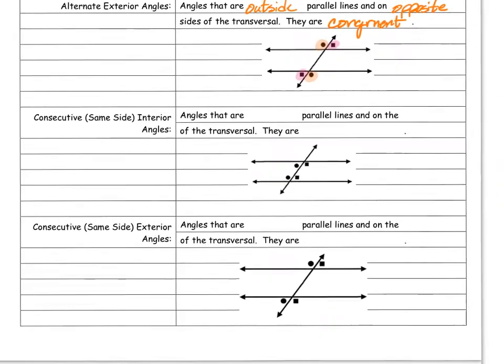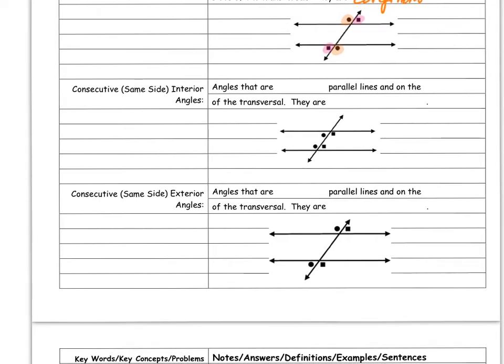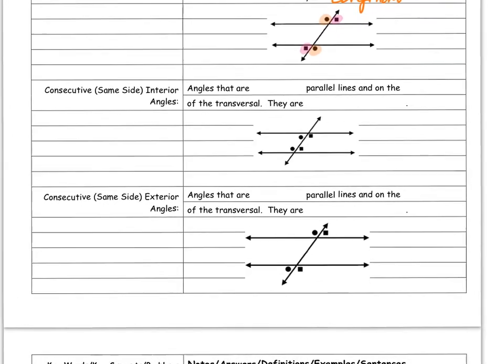And then we've got the next one, which are consecutive same-side interior angles. They go by both names, either consecutive interior or same-side interior. You can go by either name.